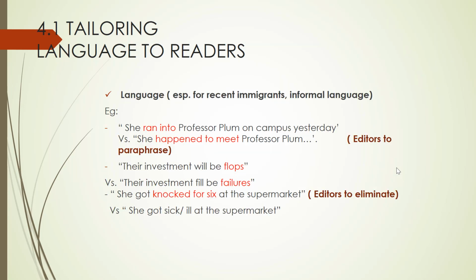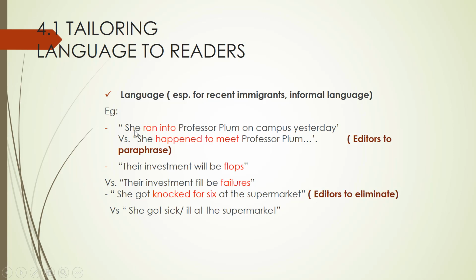The next reason is the language. We have to customize the language, especially for recent immigrants or people who are not very familiar with informal language. Each pair of sentences here shares the same meaning. However, they sound very different in terms of language use. She ran into, and she happened to meet, right? The second one here should be the one to say to a recent immigrant.